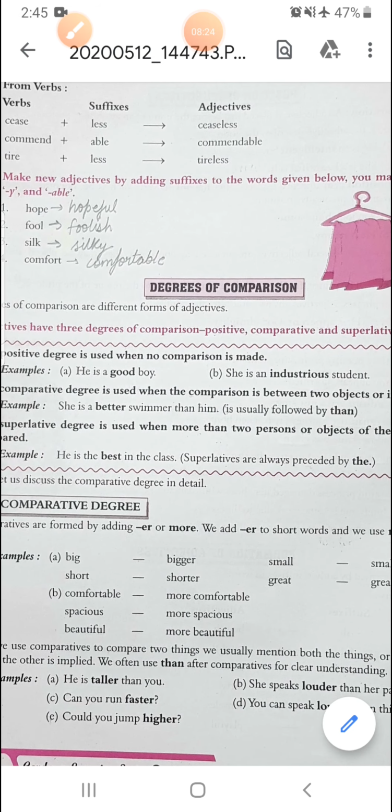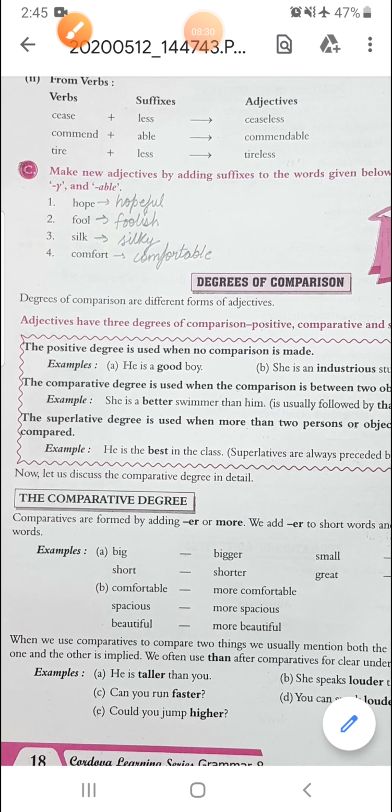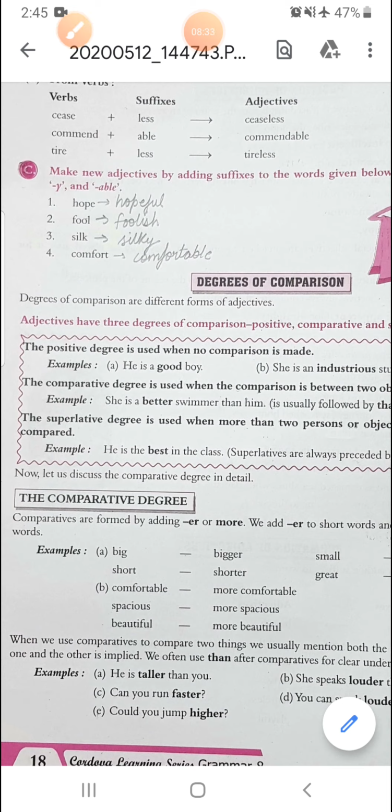And one thing you should see, that it is usually followed by than. So you can find this word than when comparative degree is used. If I say Rahul is taller than Raju, what I said? Rahul is taller than Raju.